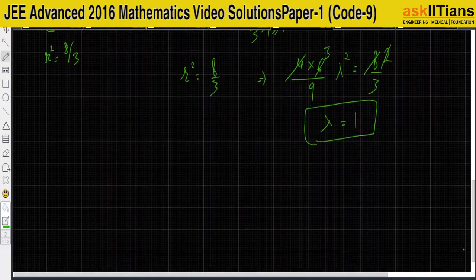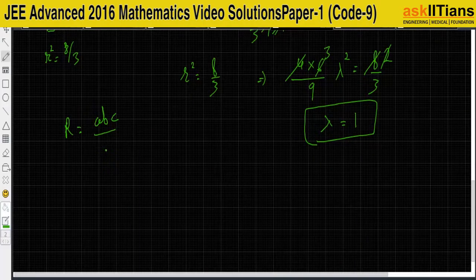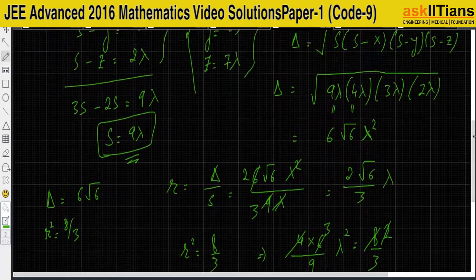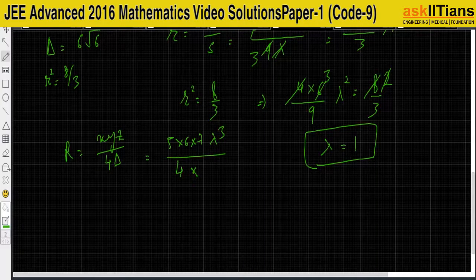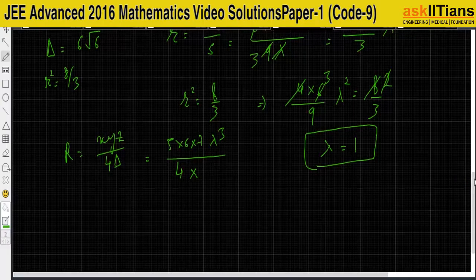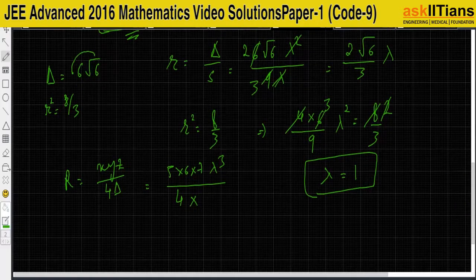Capital R is also known to us, that's ABC by 4 delta, right? Here actually it's XYZ. So this is XYZ divided by 4 times delta. So what are X, Y and Z? That's 5, 6, 7. So that's 5 into 6 into 7 into lambda cube divided by 4 times delta square. Delta is actually 6 root 6, so we can square this, or maybe we can put it in terms of lambda only.